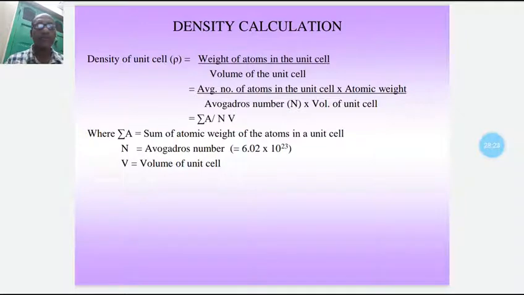Now weight of atoms, that is average number of atoms per unit cell multiplied by atomic weight, divided by volume of a unit cell, that is Avogadro number into volume of the unit cell. That is rho equal to n into summation of A divided by N into V, that is summation of A, sum of atomic weight of atoms in a unit cell, N is the Avogadro number, constant 6.023 into 10 to the power 23, and V is the volume of the unit cell.